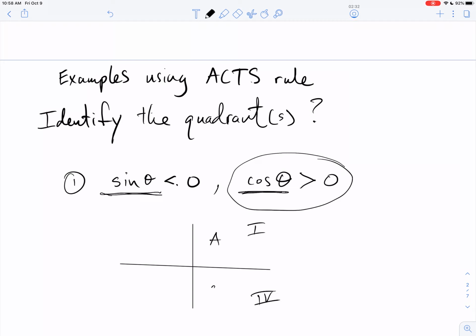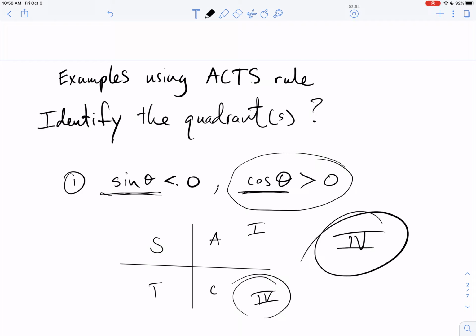Because of the AX rule. So anyway, I know that the sine is negative. Well, there's only one place where the sine is negative when cosine is positive, and that's in quadrant 4. So the answer here would be quadrant 4.